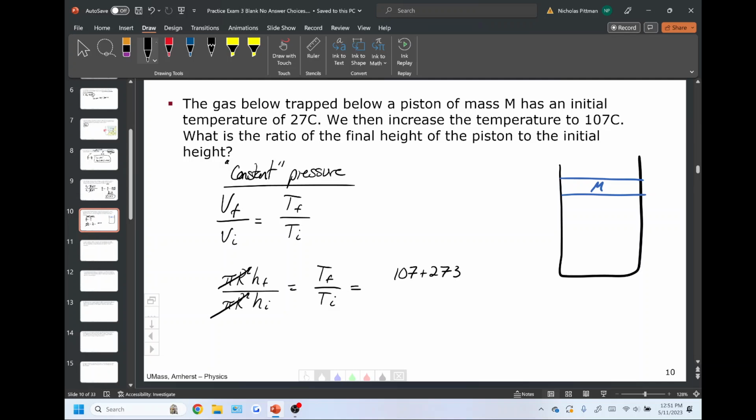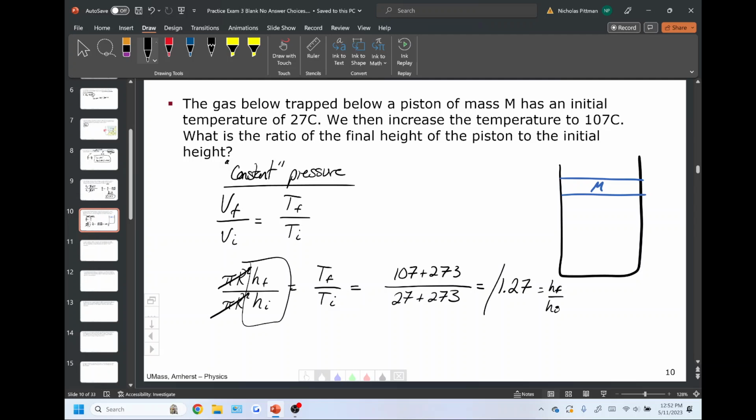Remember, we need to convert to Kelvin. Okay, and this gives us a number of 1.27. Oops, sorry, and this is equal to, over here, height final over height initial.